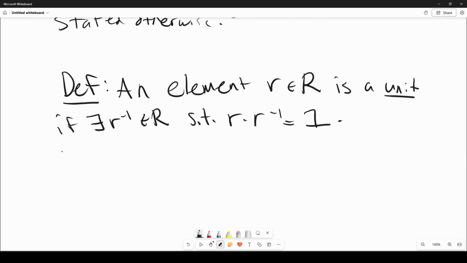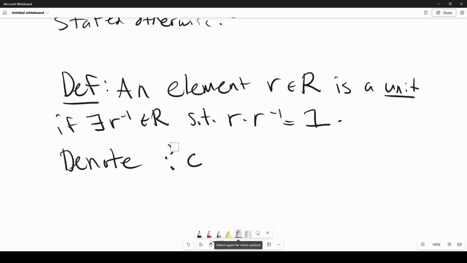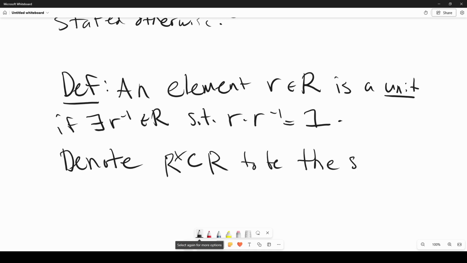And then we also denote R cross, as a subset of R, to be the set of all units in R.